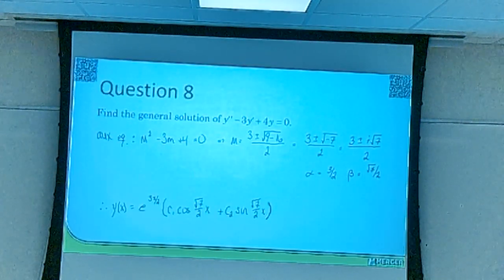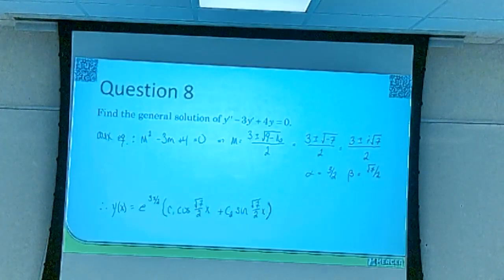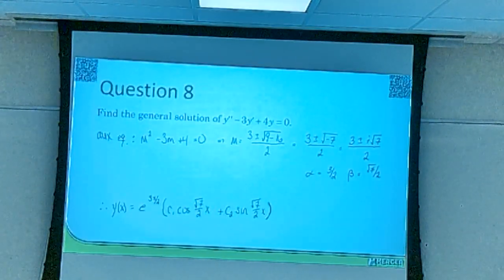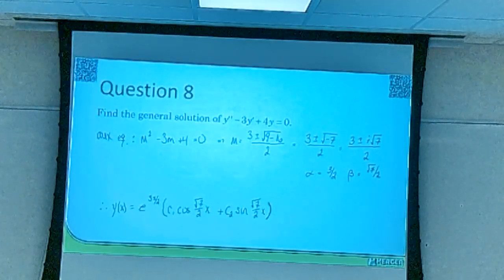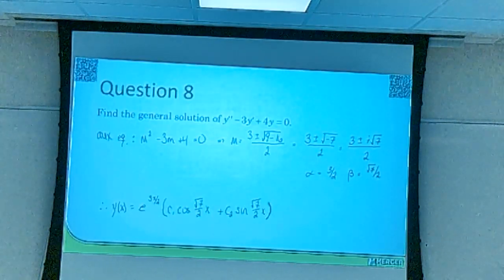So when dealing with second order, you're only going to have one out of the 3 possibilities. Your roots are either distinct, repeated, or complex. You can't have a mixture of them for second order. It's going to be one of those 3. And that's determined by the discriminant.